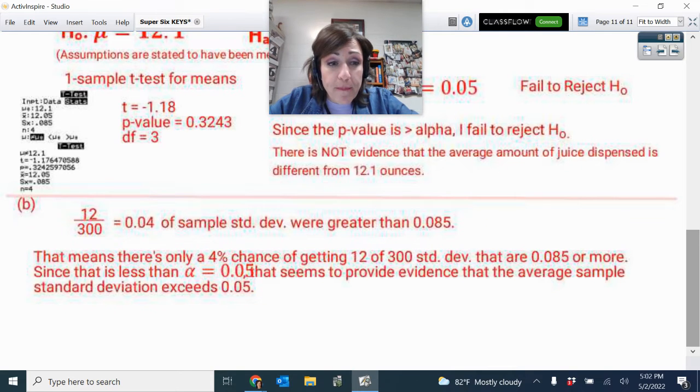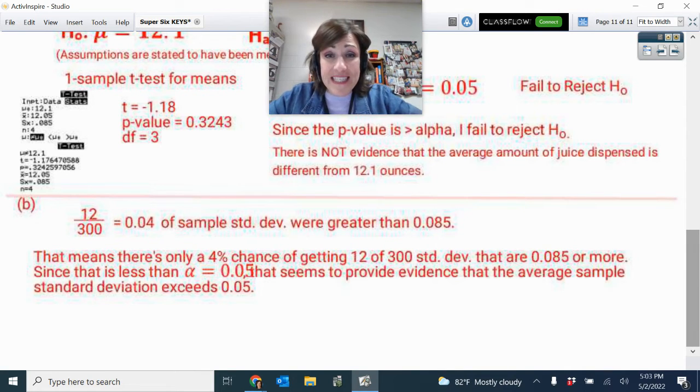So again, I wrote out here, there's only a 4% chance of getting those 12 out of 300 standard deviations that are 0.085 or more. And since that is less than our alpha of 0.05, it seems to provide evidence of what HA is, that the standard deviation exceeds 0.05.